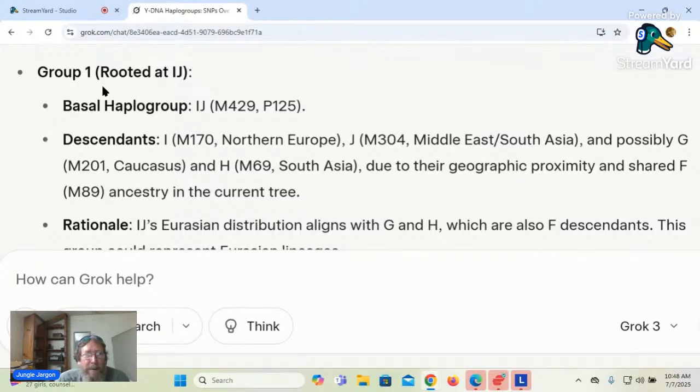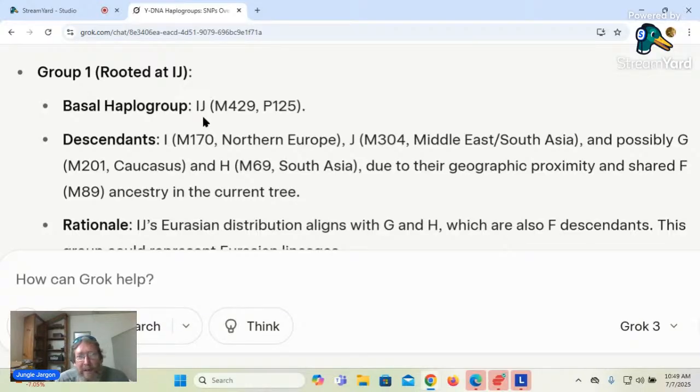But the point I want to make here is that it should have been easier to see. When you root the tree in IJ, that would be arpachshad as the oldest, because we know it's arpachshad because of the Cohen model haplotype, which identifies the IJ lineage as that of being Aaron, Levi, Jacob, Abraham, and arpachshad.